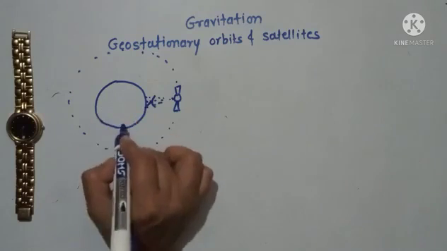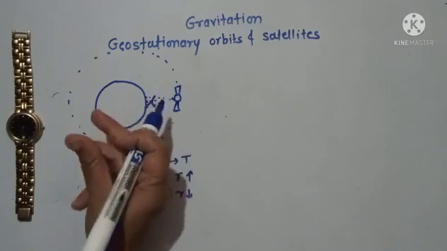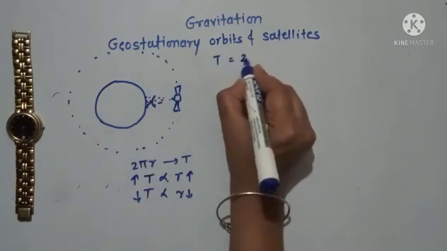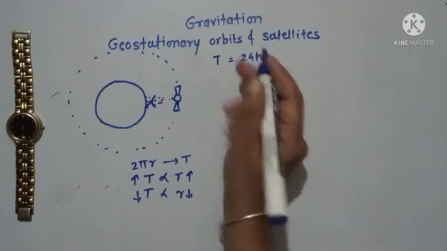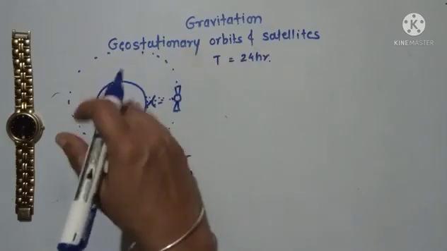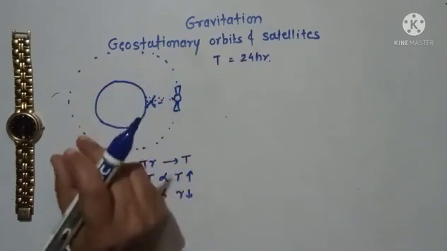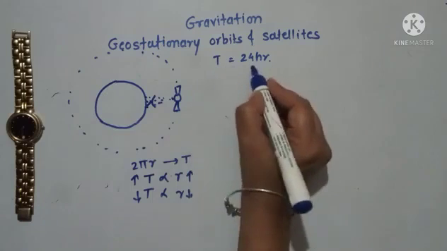Now we know that the earth revolves around itself, with a time period T equal to 24 hours. The earth has a spinning motion, and the time period of the spinning motion is 24 hours.